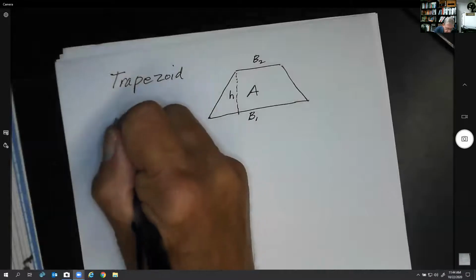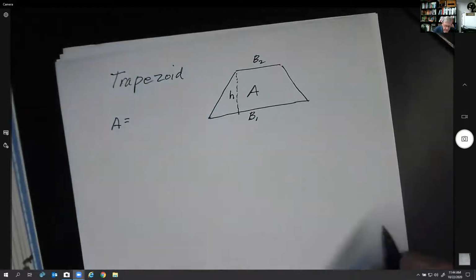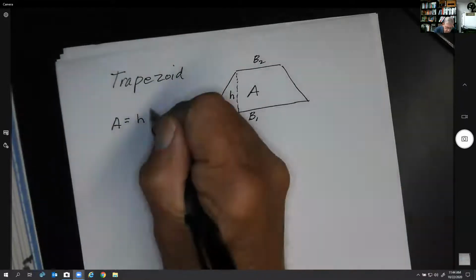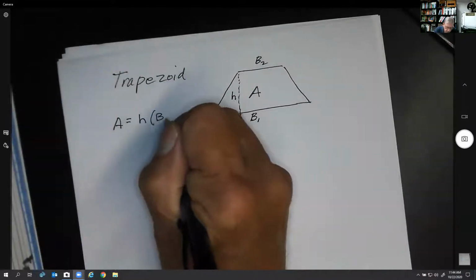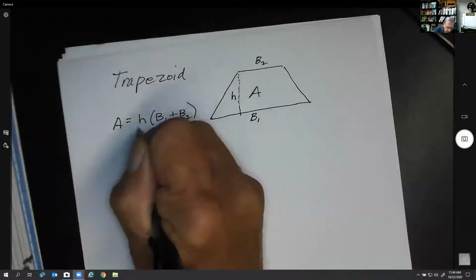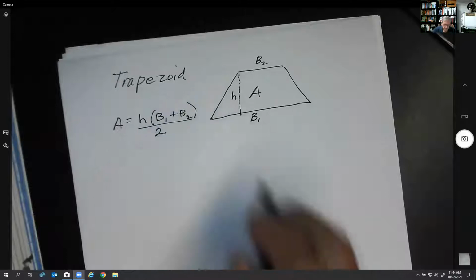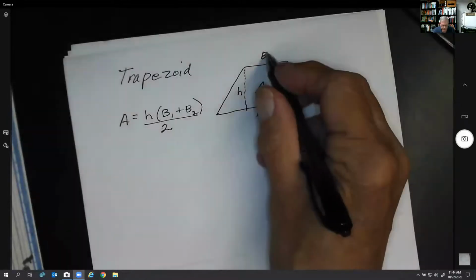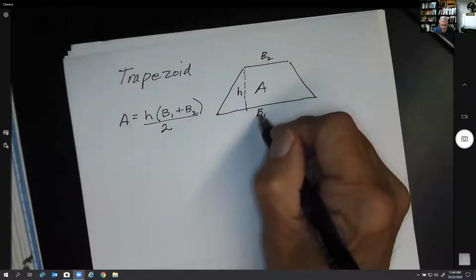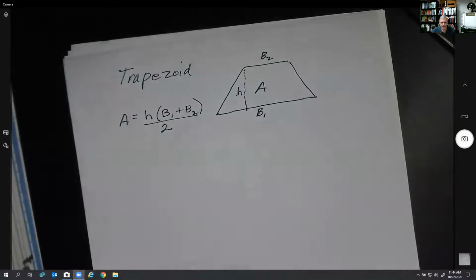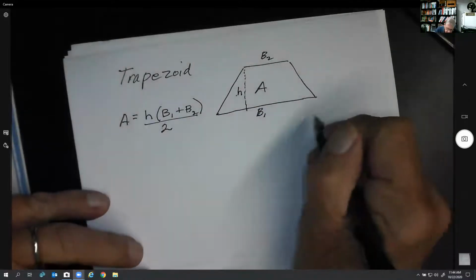So area is the height times base 1 plus base 2, and then we divide the whole thing by 2. So it's a little bit more complicated formula. We're going to add these two bases together, multiply by the height, and then divide by 2. The 2 is part of the formula. So it's just a matter of putting numbers in.